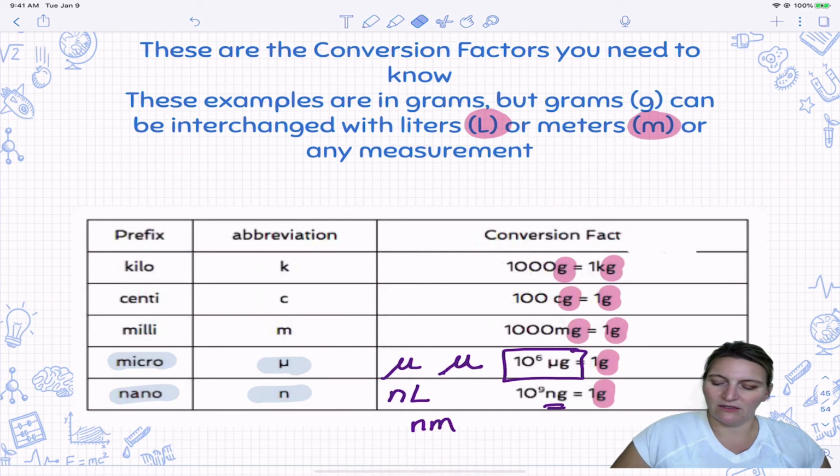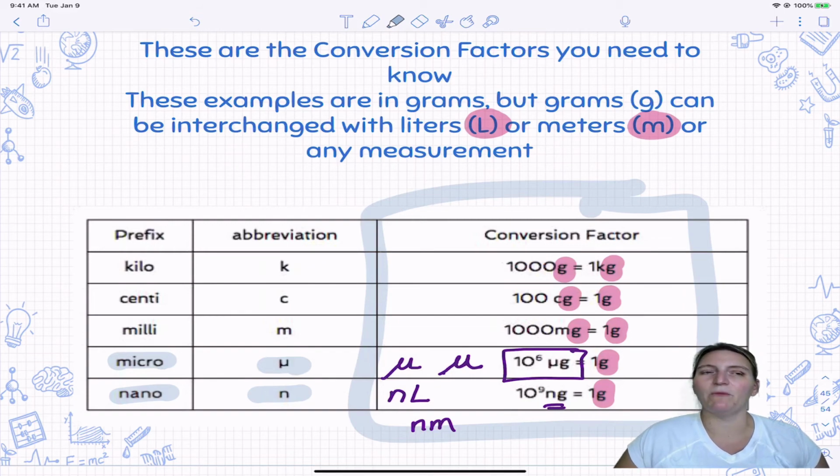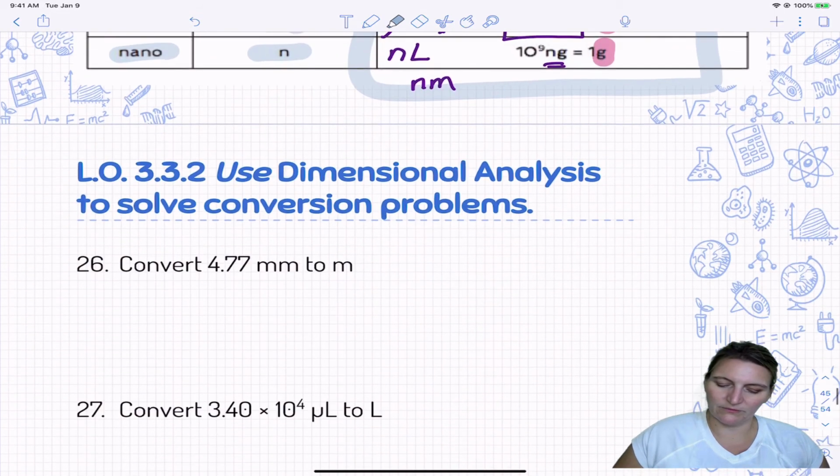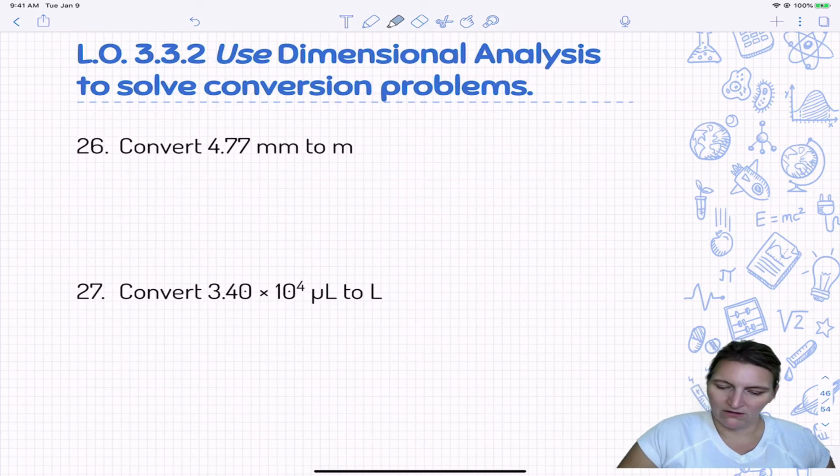So these, yes, this means committed to memory by the time we have a test on this. So we're going to do a couple problems with these, and then we'll do some other conversions.